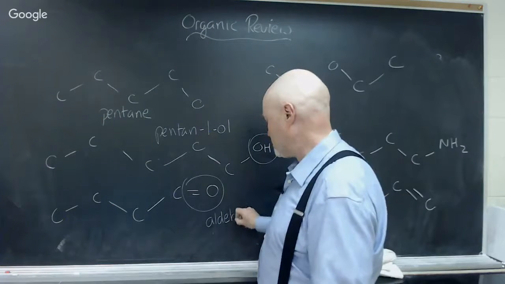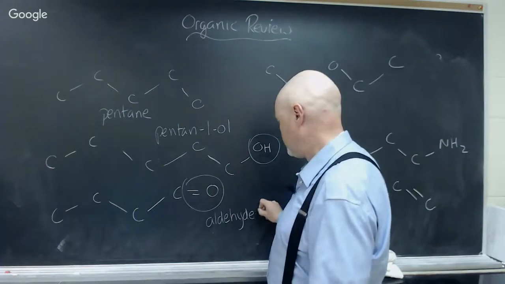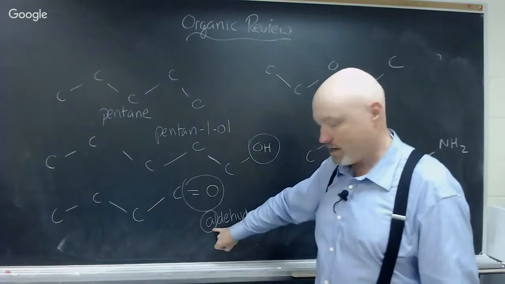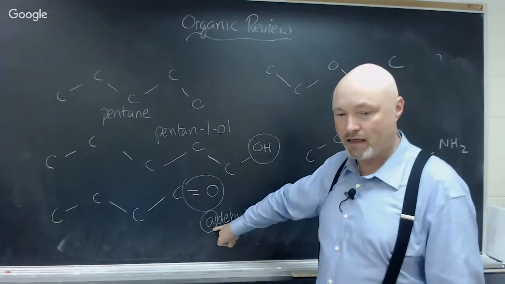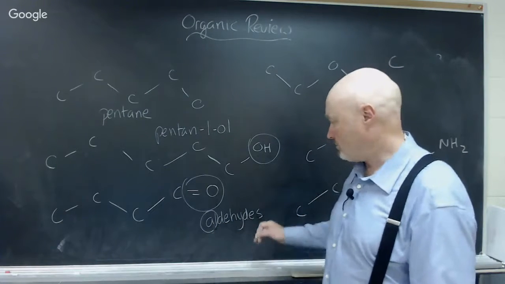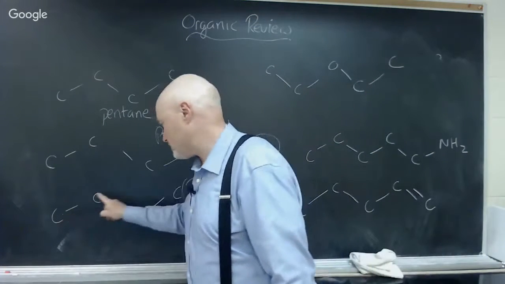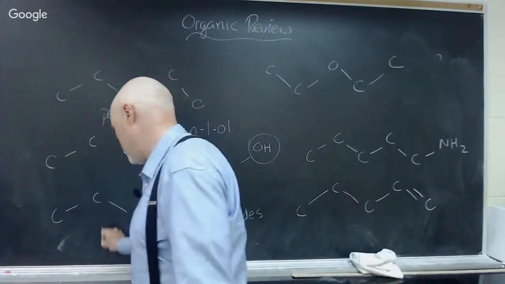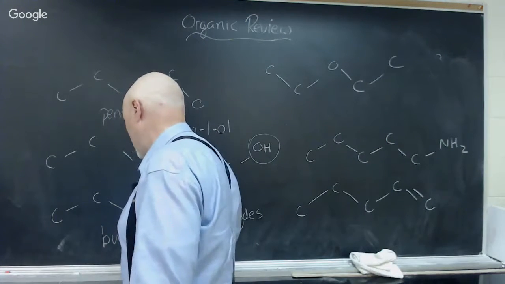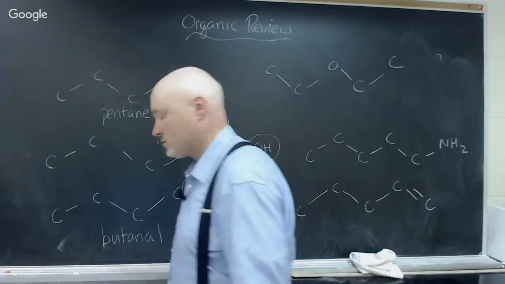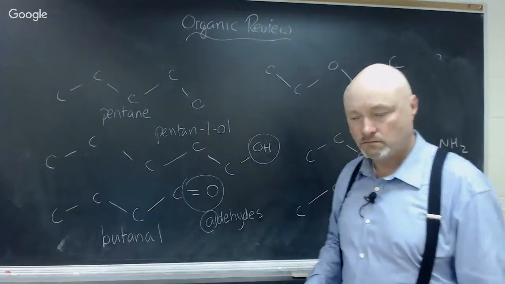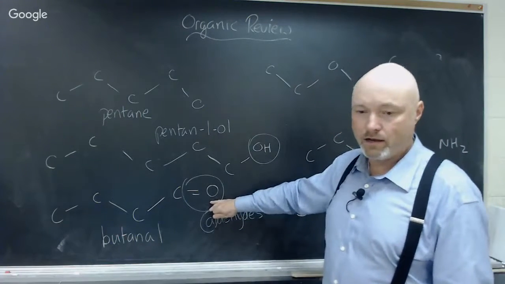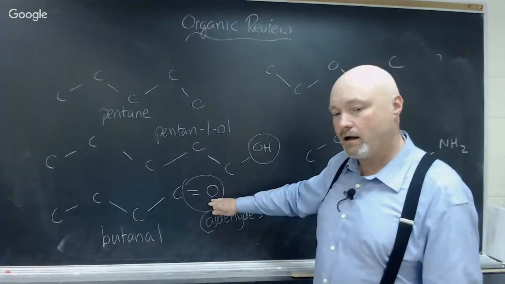So the functional group is the aldehyde. And when you're naming it, you put -al at the end. So basically, what's the backbone here? Bute, like butane. Yeah, that's right. So this is butanal.